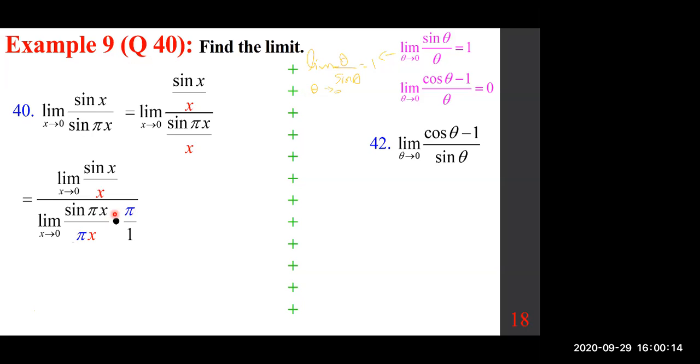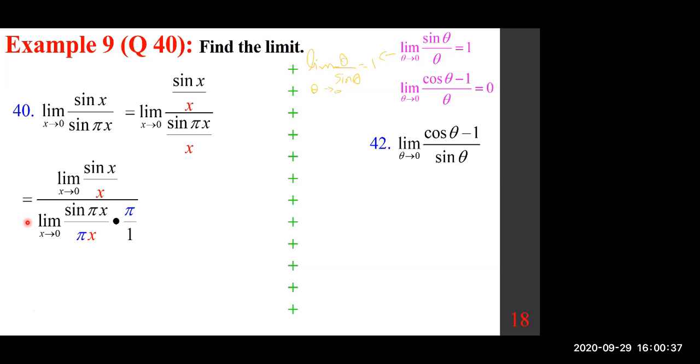Why are we adding pi? Because we want this to be identical to this. And by the way, when x goes to 0, pi x goes to 0, because x going to 0 is the same as saying pi x goes to 0. Now this pi, I can take it out and put it here.